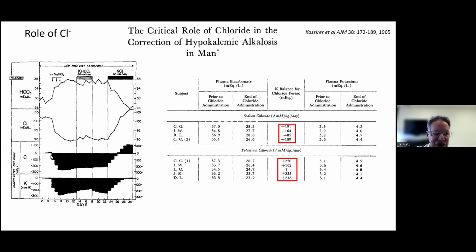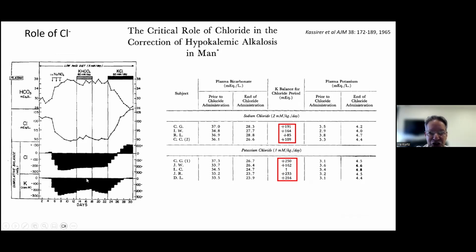So you can see the body went into negative chloride balance because the kidney was dumping chloride, and into negative potassium balance because the kidney was dumping potassium during this phase. It's not clear why. We can probably understand this a little better with modern understanding, but I won't get into that. Just empirically, when the metabolic alkalosis was created, the kidney excreted excessive potassium chloride, and only when KCl was given back did the K balance go back to normal, as did the chloride balance, because the intake went up.